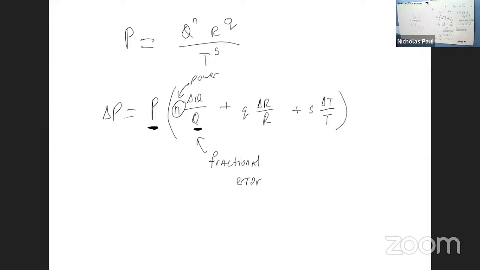Ready? Right, so that's the general way to work this out, right? All right, let's try this one here now.